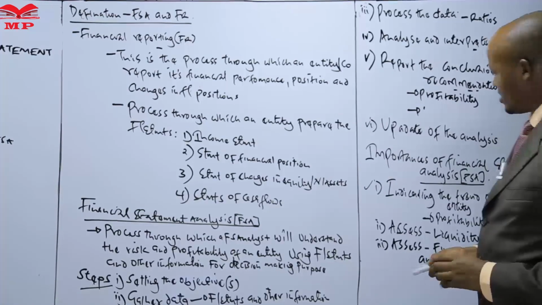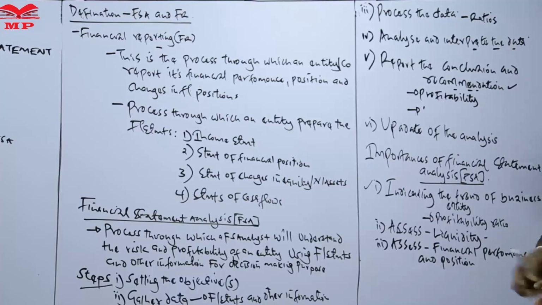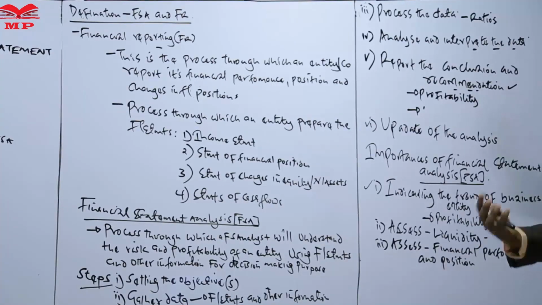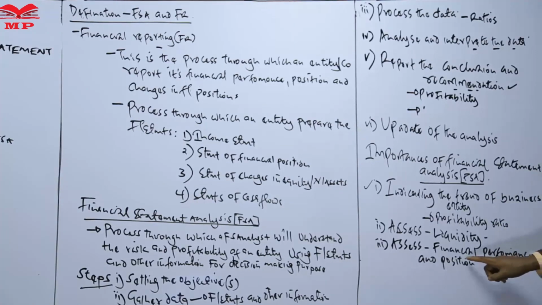So that means that once the financial statement analyst has processed the financial statements of a given number of years, plus the other information, then the various users, who include the shareholders and the management of the company, can assess the financial performance of a business, and also the financial position.